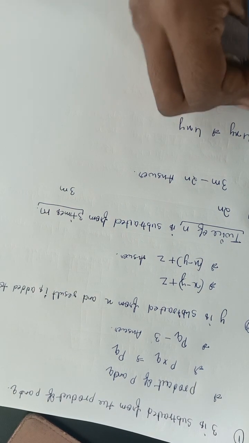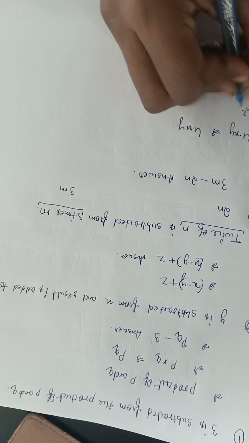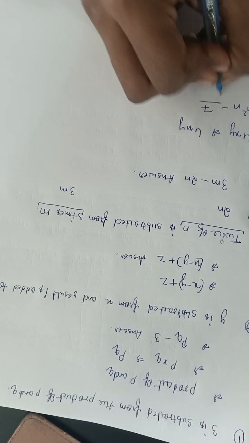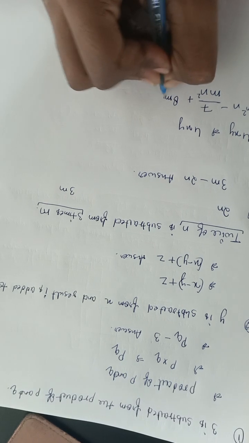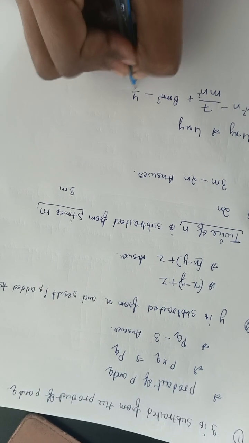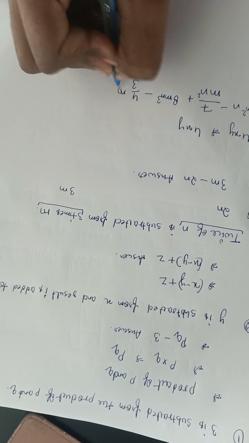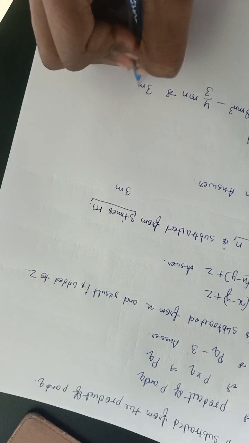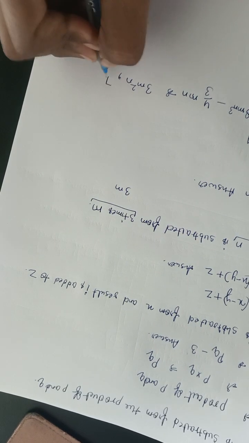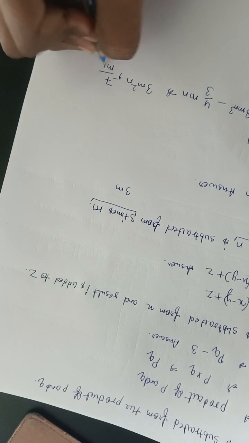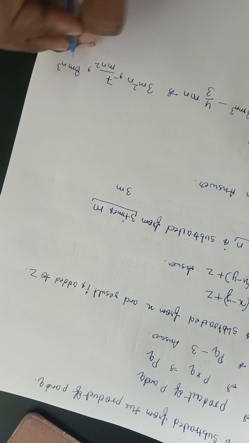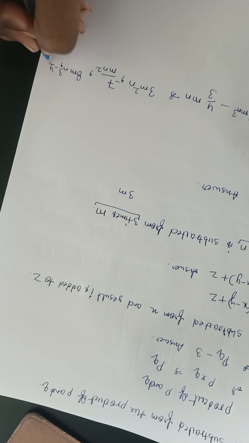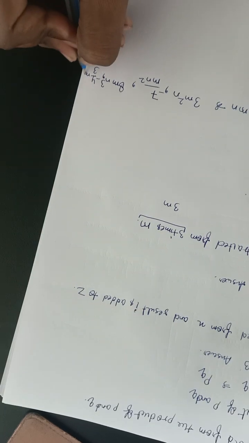Second question, what it is saying is 3m square n minus 7 m n square plus 8m n cube minus 4 upon 3 m n. So here what are the terms? The terms are 3m square n, minus 7m n square, 8m n cube, minus 4 upon 3 m n.